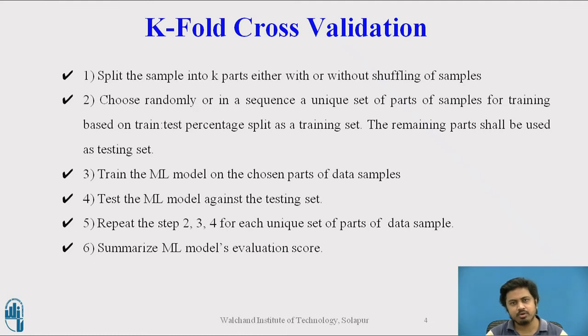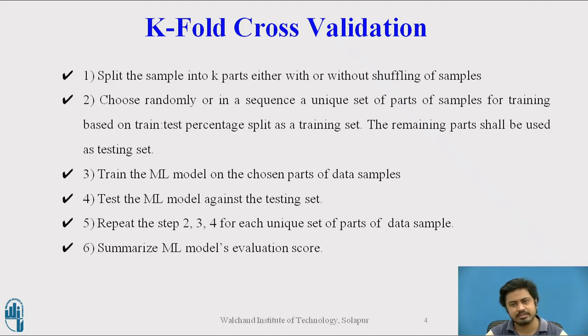So this KFold cross validation ensures that your machine learning models will make the best out of the data available to it, and in short it explores all the possibilities in the data set by going through the repetitive process of cycling through the training samples for each unique set of parts.